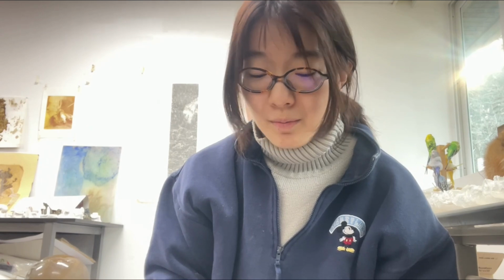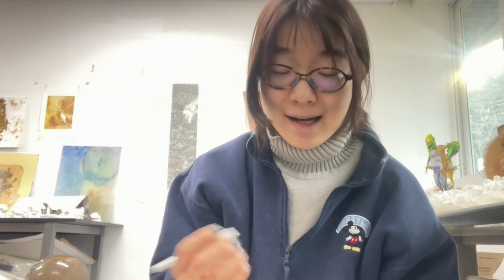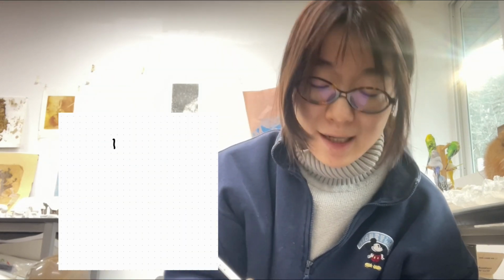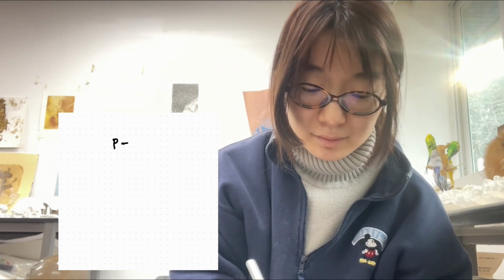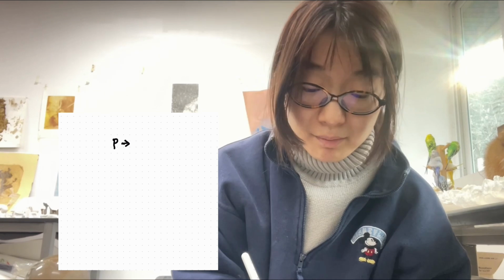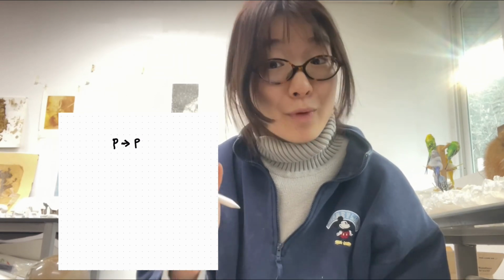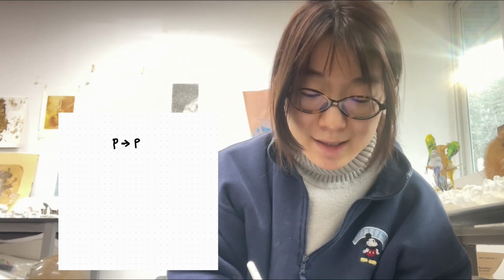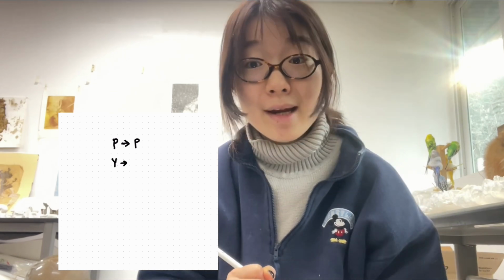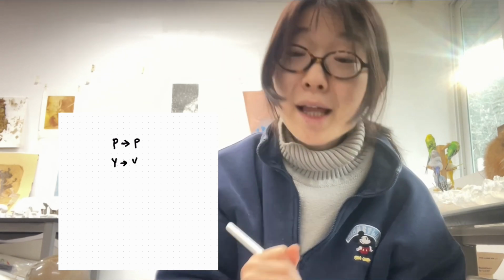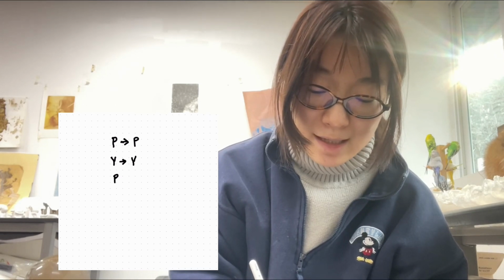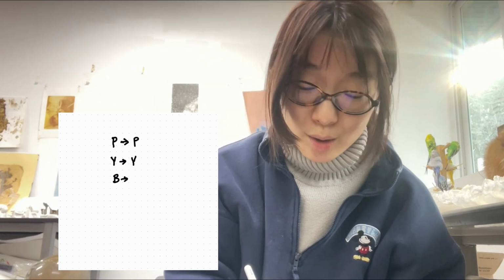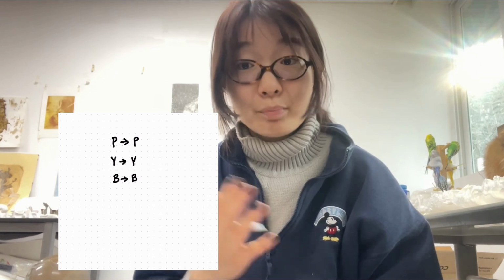When Ryan eats pink candy, he gets pink poop. When Ryan eats yellow candy, Ryan gives yellow poop. And when Ryan eats blue candy, Ryan gives blue poop.